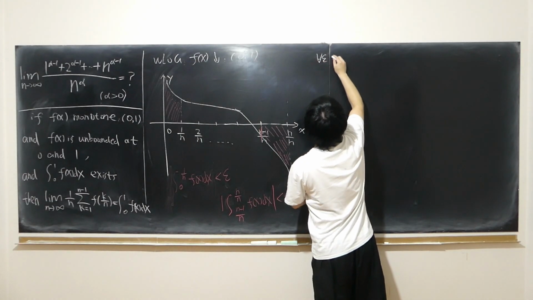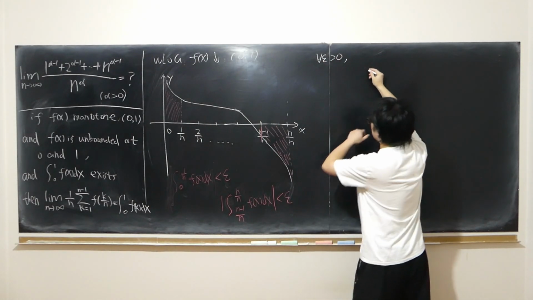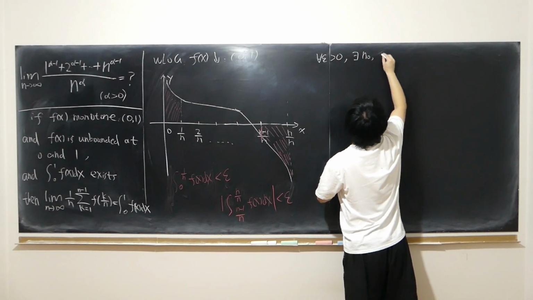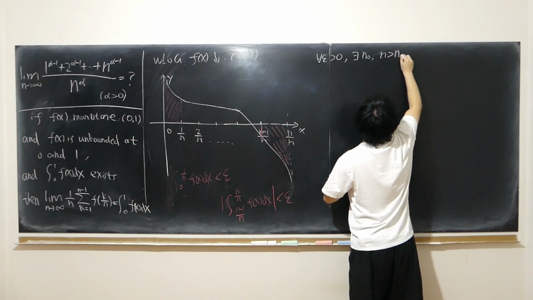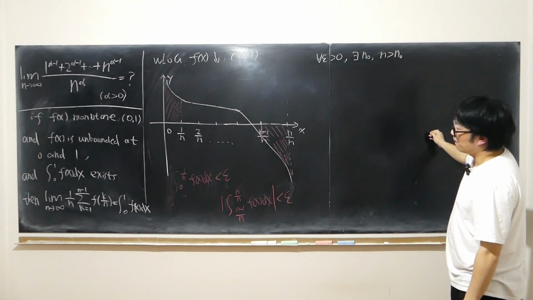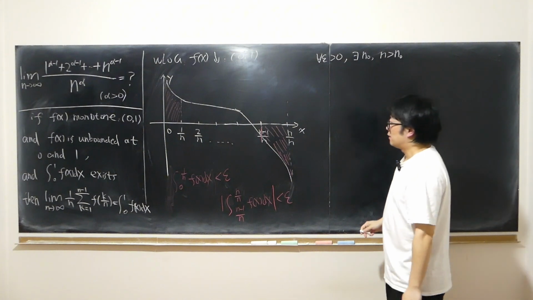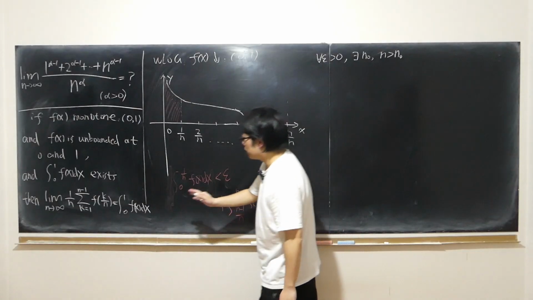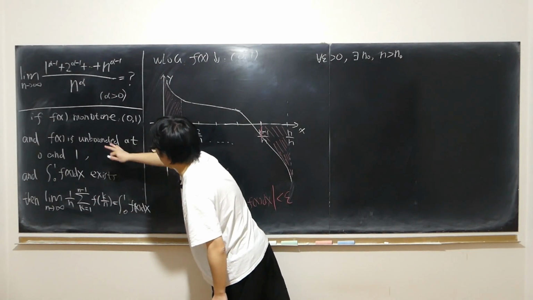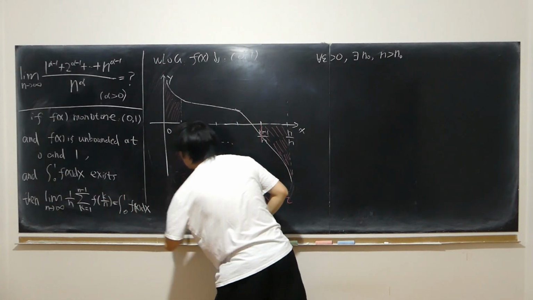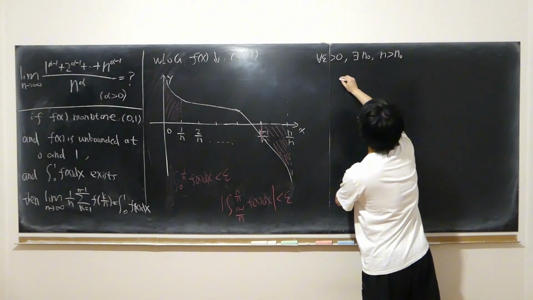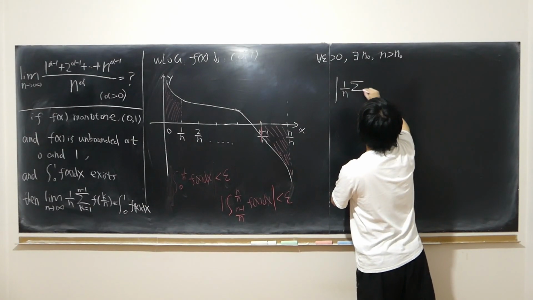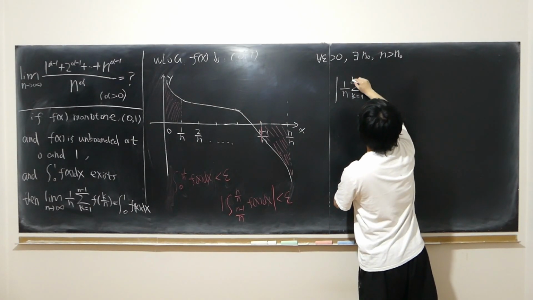Okay, given any epsilon greater than 0, I can really find an n naught such that when n is bigger than n naught, this is achieved. And at the same time, because I want to show that this is true given these conditions, let me look at the absolute value of 1 over n, sum over k from 1 to n minus 1.